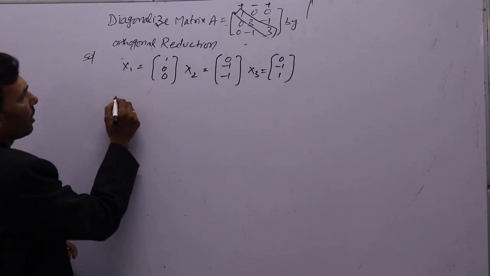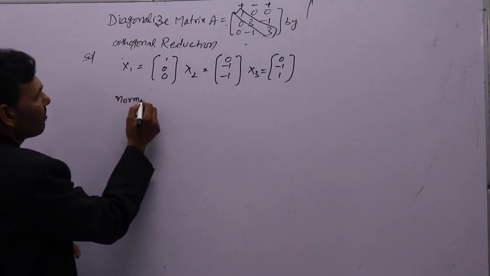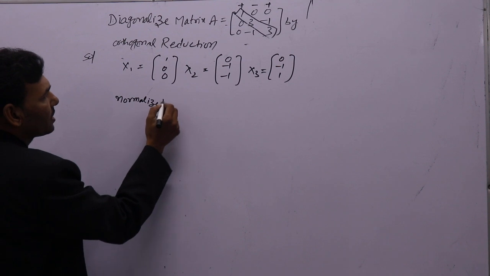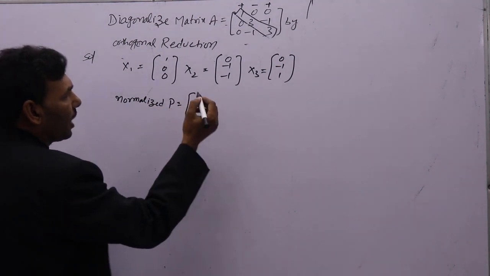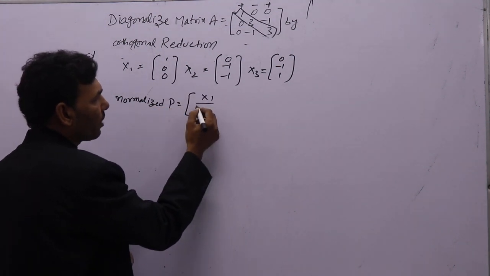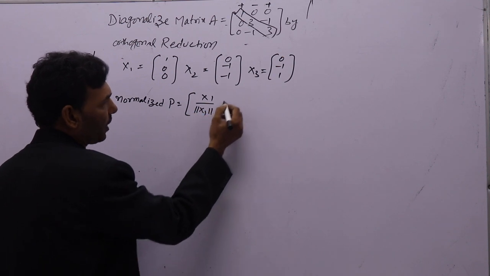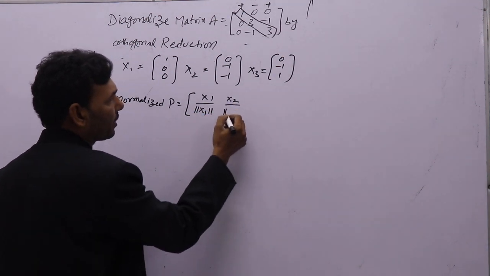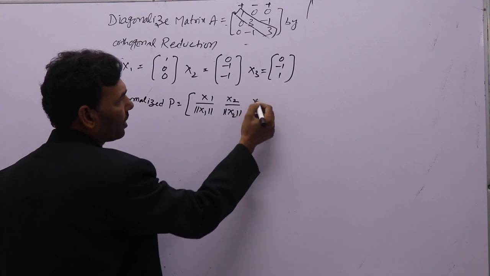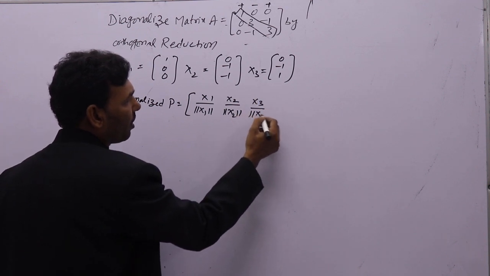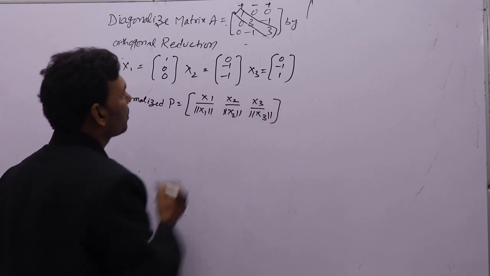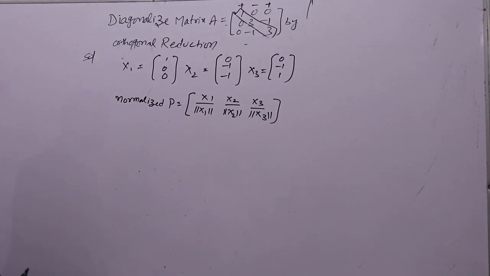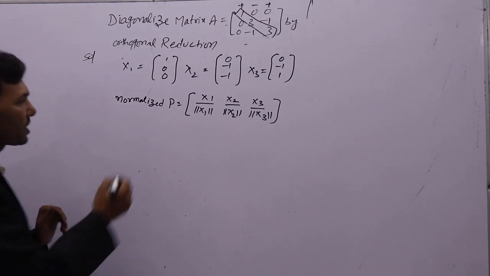So now we need to write the normalized P matrix. Normalized P is x1 by norm x1, x2 by norm x2, x3 by norm x3. So this is P. What norm x1, norm x2, norm x3 are, we will discuss.